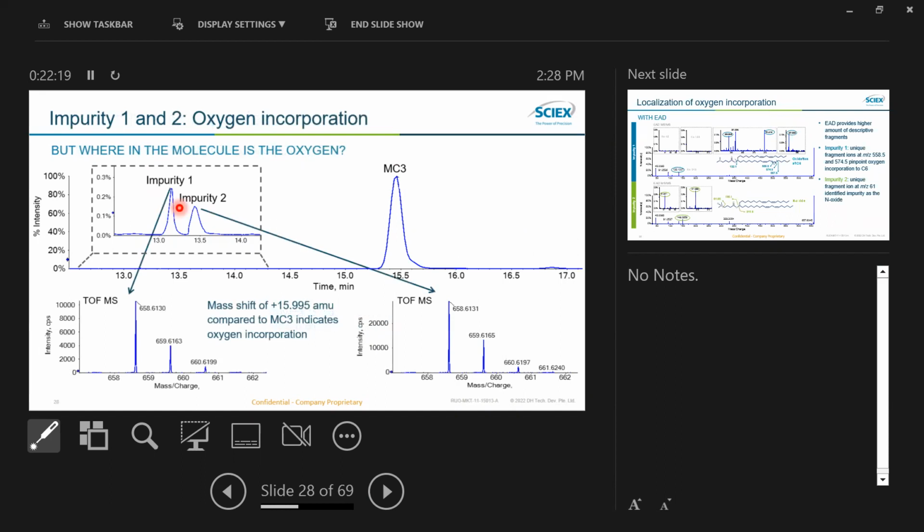And we can see from just the top MS scan, these have the exact same molecular weight. And this molecular weight is exactly 15.995 mass units above the main peak MC3.